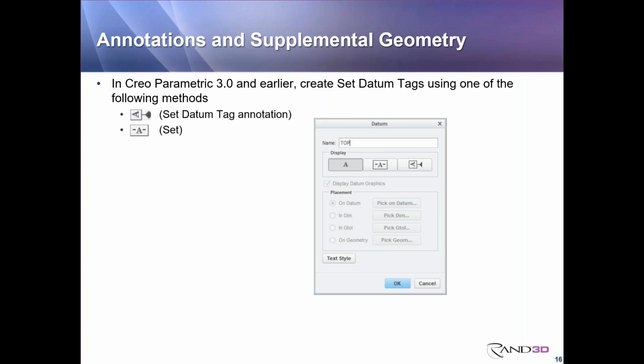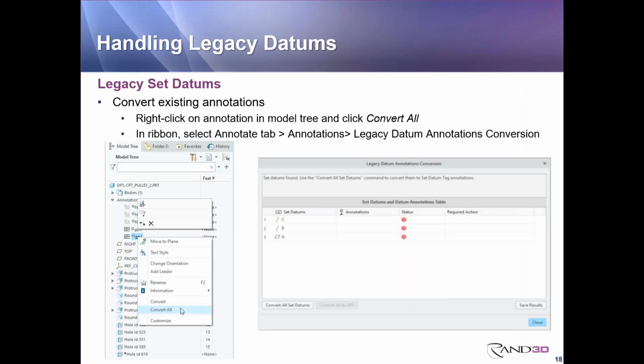You can go to the set datum tag annotation option, and that launches a dialog box similar to what you see here. Or you can click the set datum tag annotation element option from inside of the annotation feature. Once again, I'll show you where that's at. Otherwise, you can actually click on the set option in the datum dialog box and go from there.